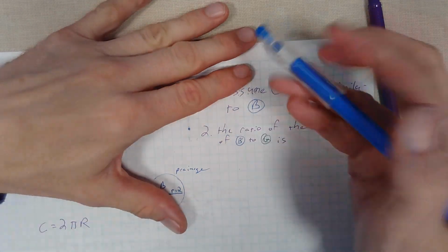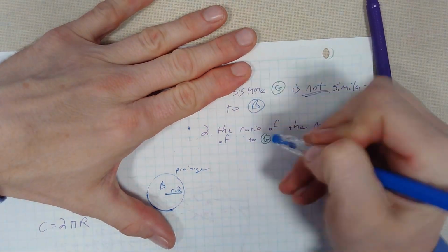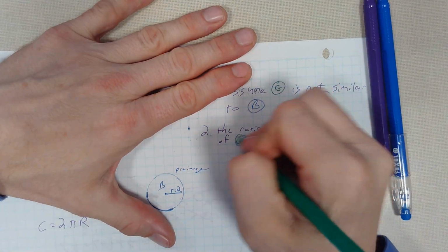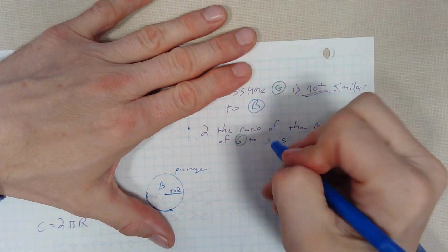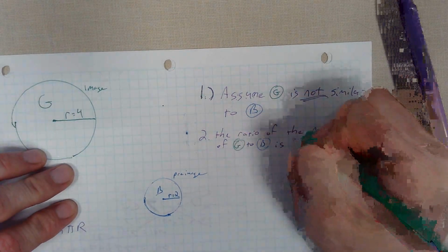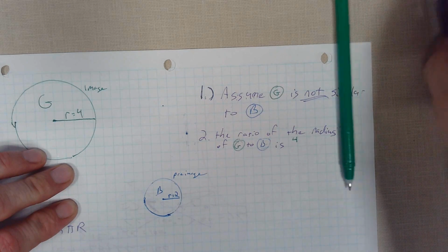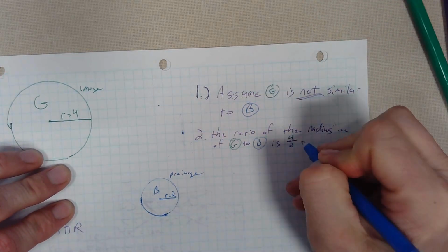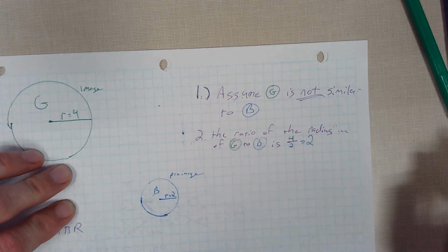Let's do G to B. Circle G to B is 4 divided by 2 equals 2.